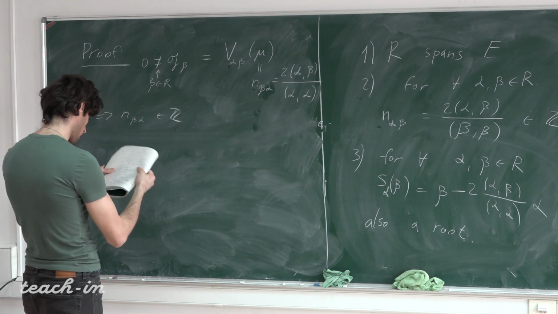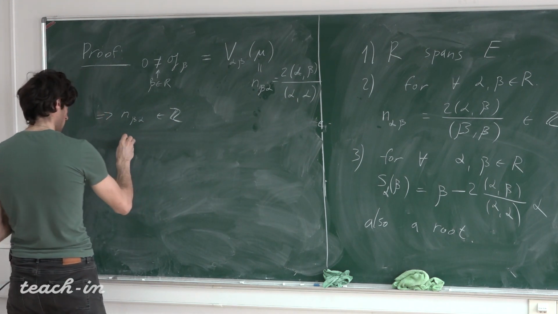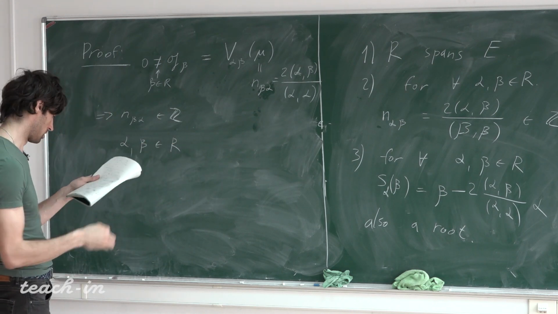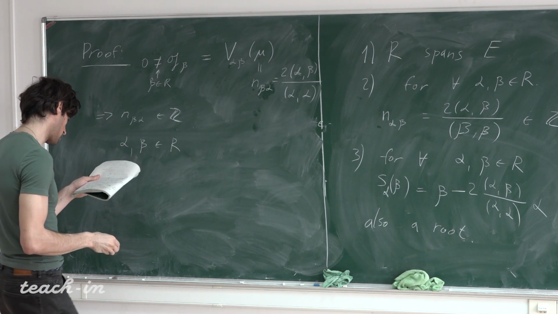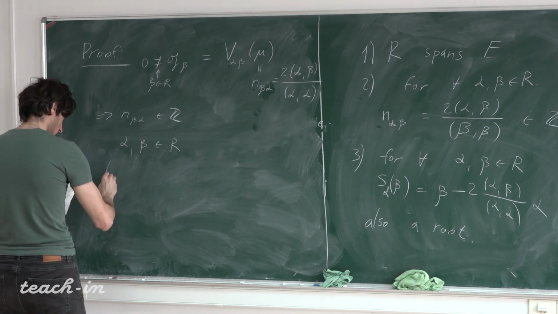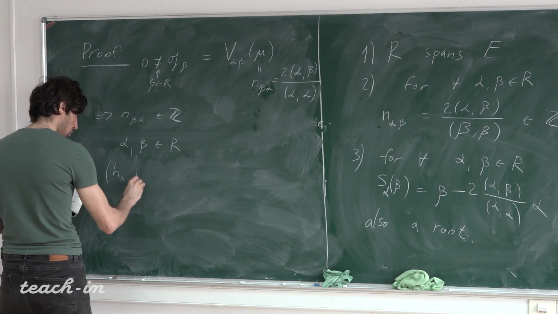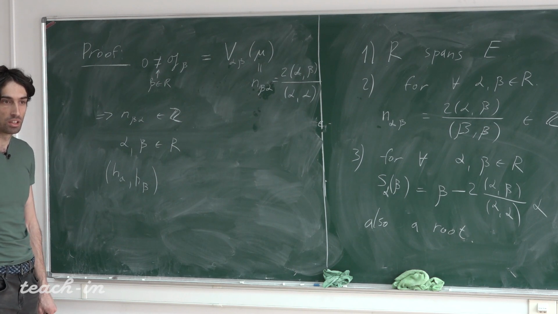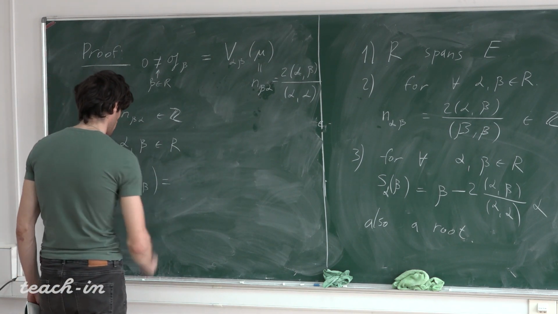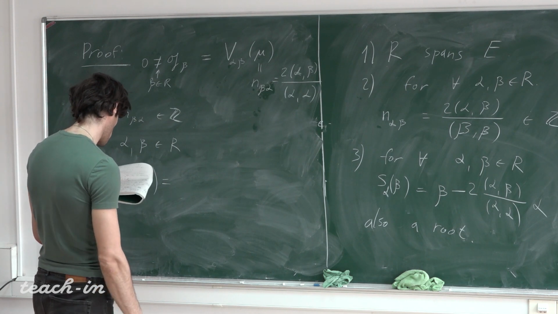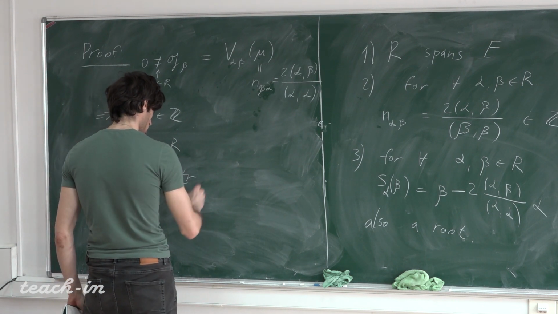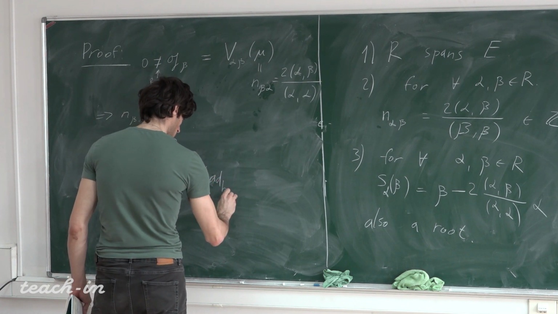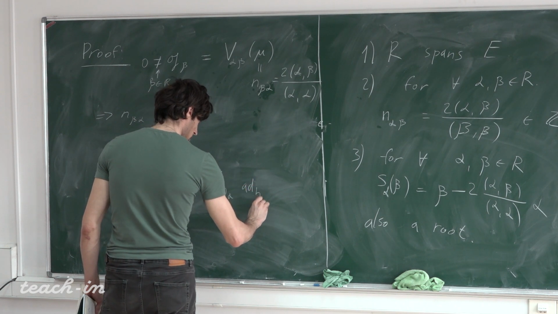Okay, so if my alpha and beta are 2 roots, let me compute this. So the killing form of H alpha and H beta. Killing form of H alpha and H beta is what? So let's recall, it's the trace of ad H alpha ad H beta.